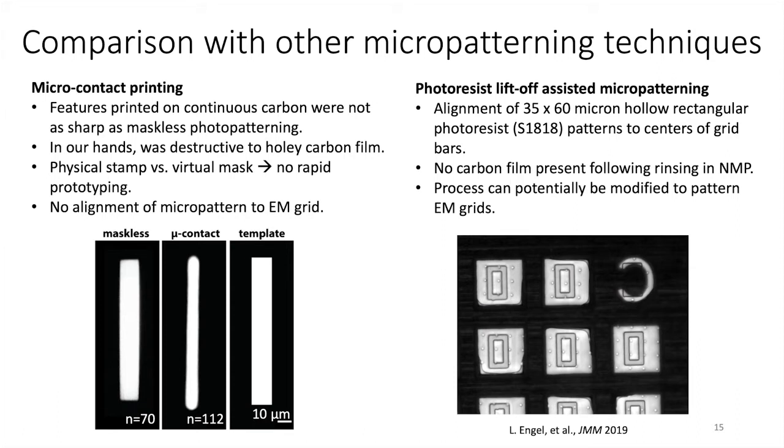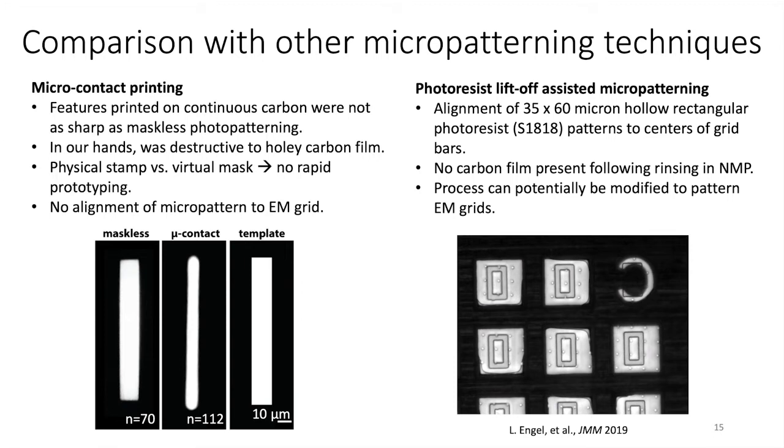When we compare this technique to maskless photopatterning by printing rectangles on continuous carbon films, we saw that the features produced were not as sharp as with maskless photopatterning. Below you can see the average binarized fluorescent images of fluorescently tagged gelatin rectangles on continuous carbon films produced using these two techniques. The template is at right.